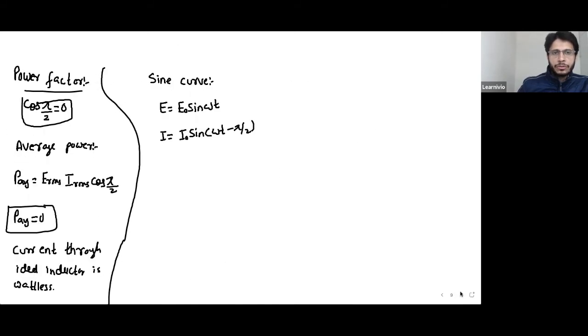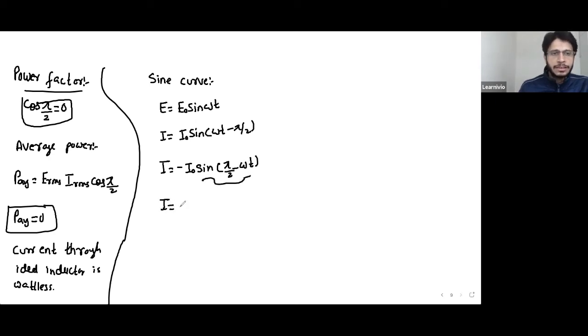I'm taking a negative sign common. That's minus of I naught sine pi by 2 minus omega t. And you know that sine pi by 2 minus theta is cos theta.